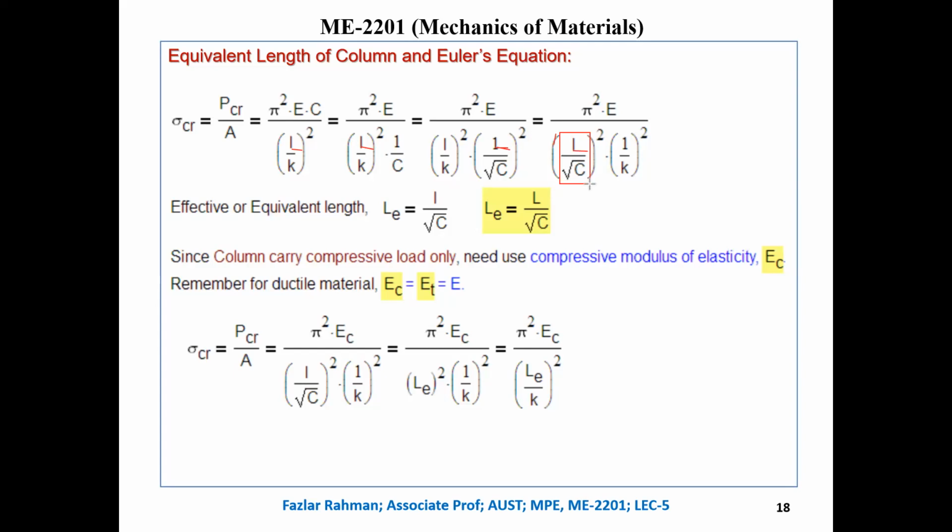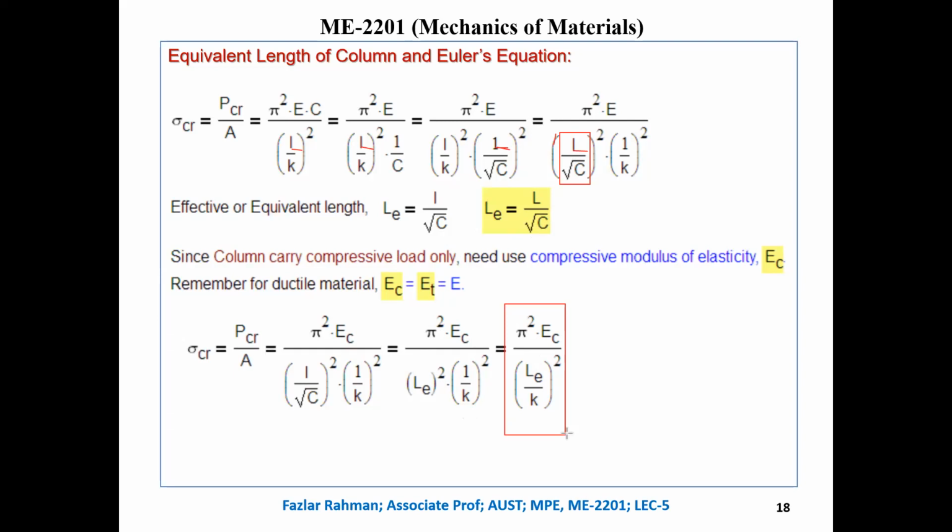So you get LE square. Finally, you are getting LE square divided by K square. So pi square C, LE by K square. So this is also a different form of Euler equation, a simple form.